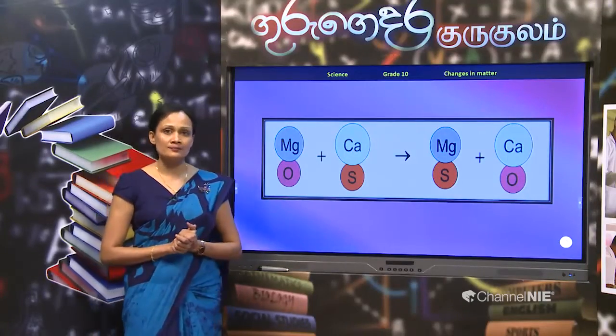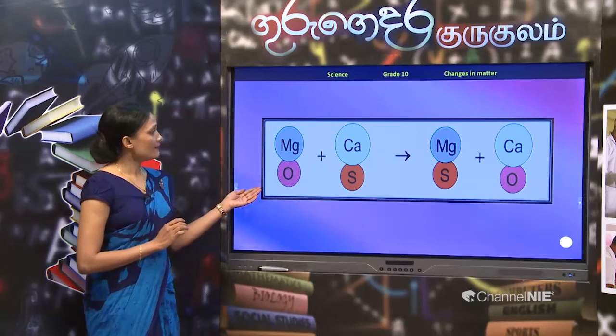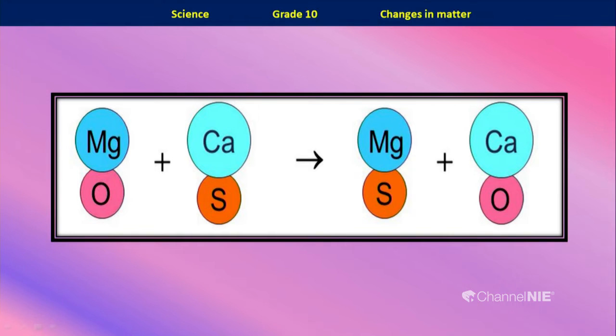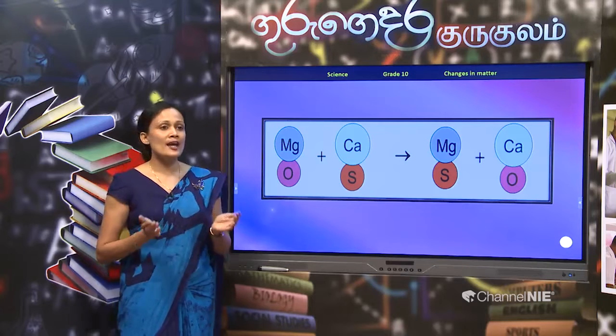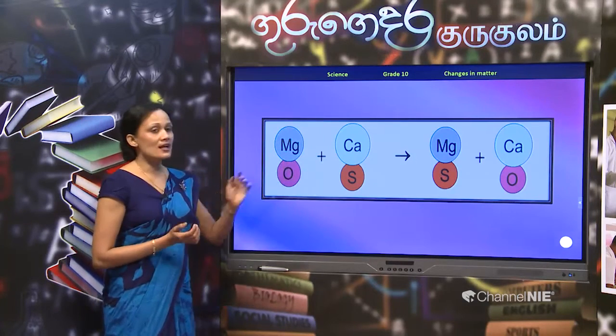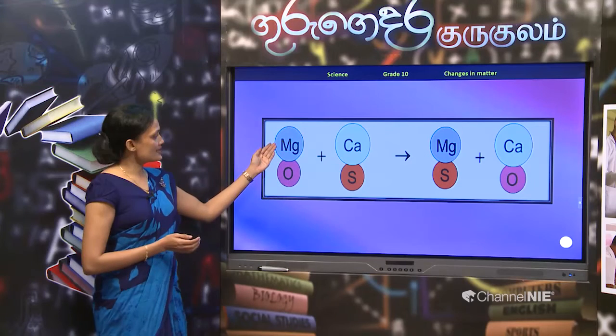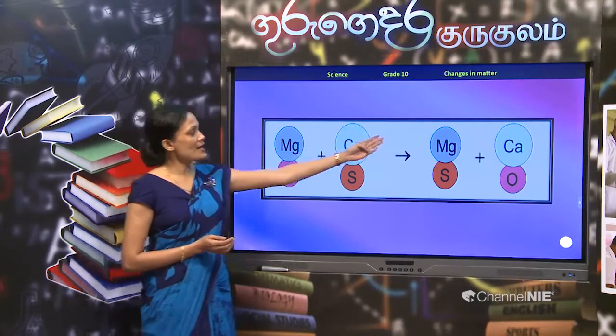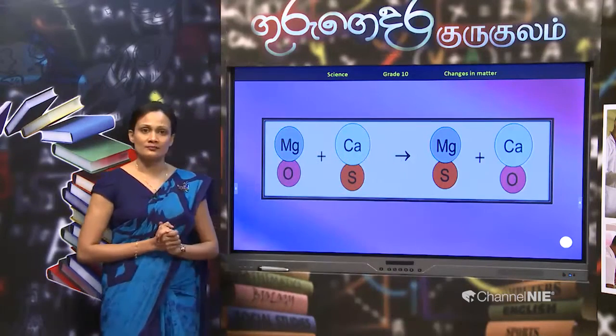Look at this one. Here the reaction between magnesium oxide and calcium sulfide is given. These are the products: magnesium sulfide and calcium oxide. Here what happens? Magnesium oxide reacts with calcium sulfide, meaning magnesium reacts with the sulfur present in that compound and makes magnesium sulfide.